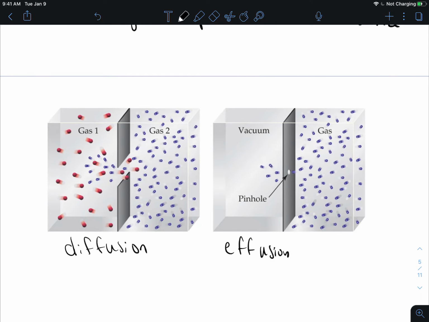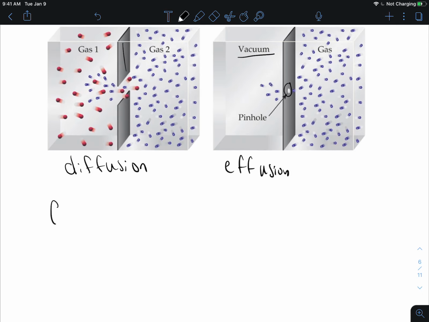So for effusion, we've got this pinhole and an evacuated space, and the rate of effusion and the rate of diffusion will be based upon our root mean squared speed. This brings us to Graham's law of effusion, which is going to relate our speed or rate of effusion with our molar mass.